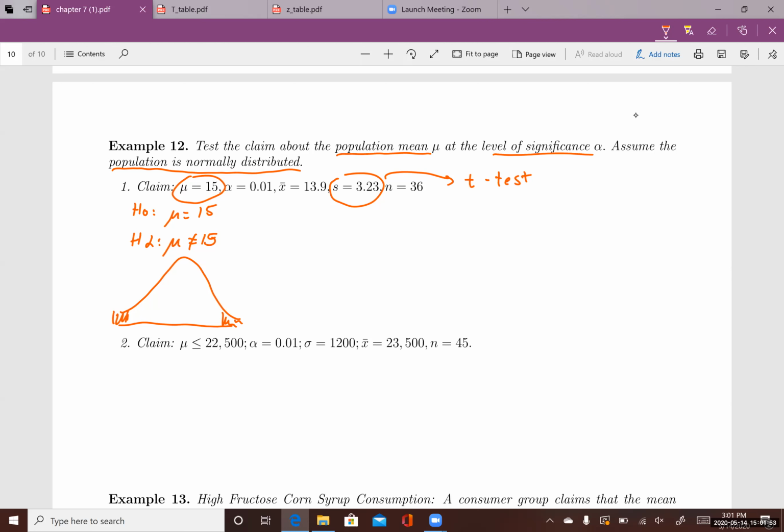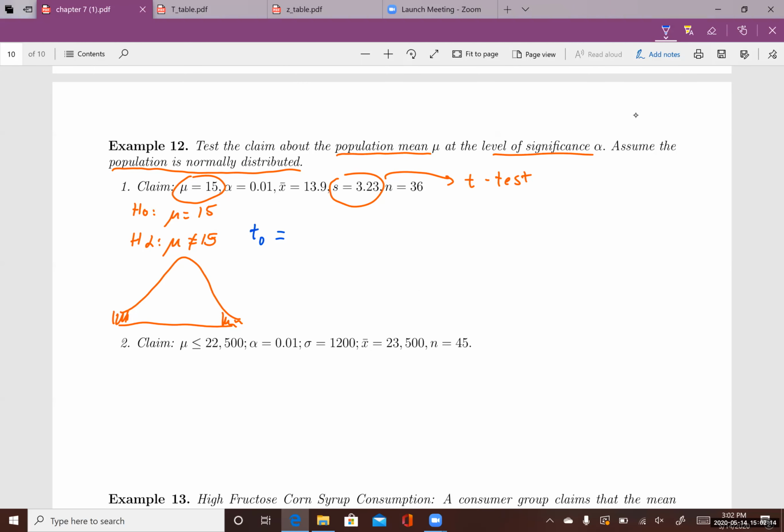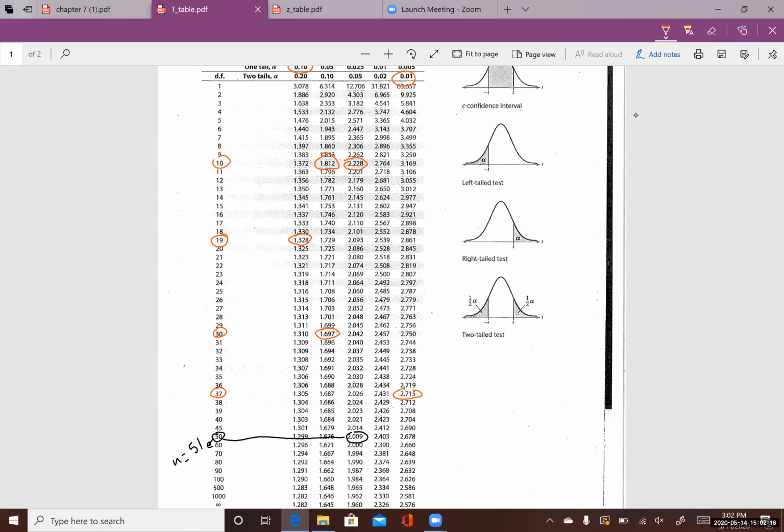I should use the t critical value. So the t critical value, T0, using the t-table. Two-tailed test, 0.01 is the alpha, and n is 36. So the degrees of freedom is 35. And go here.